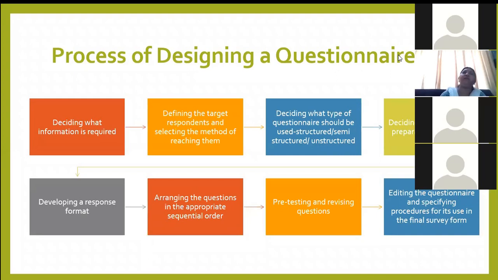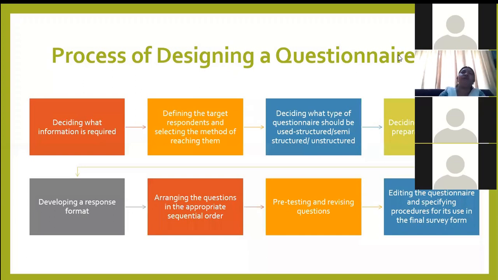So without having a proper understanding of the research problem, or without having a comprehensive literature review, or without framing our objectives properly, never start the preparation of a questionnaire.